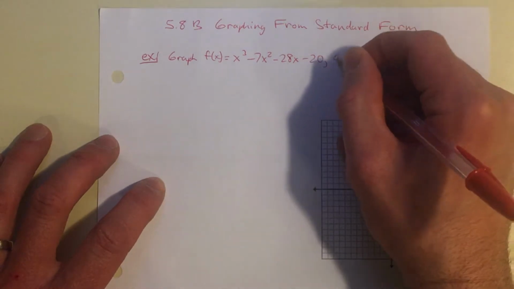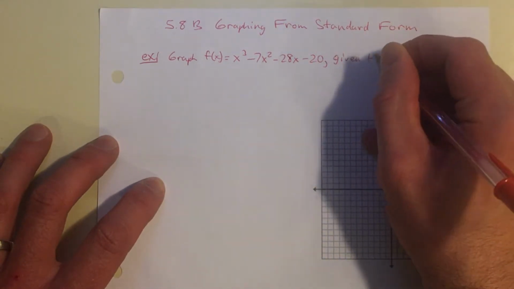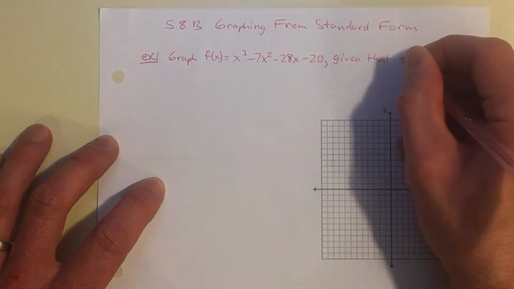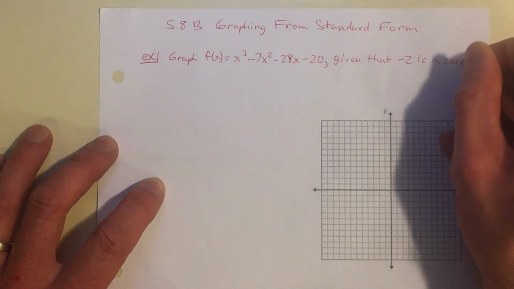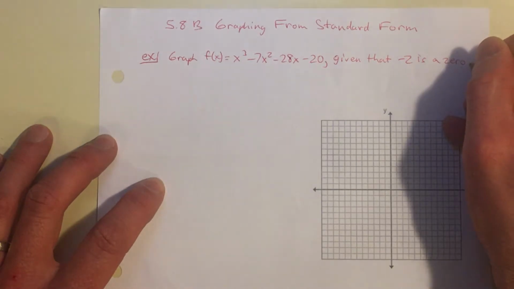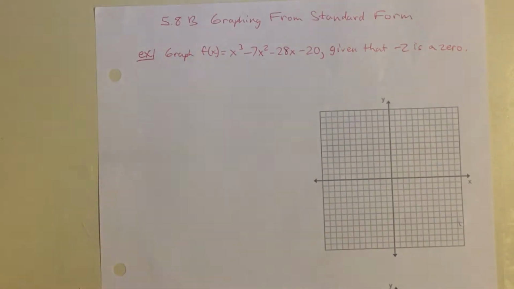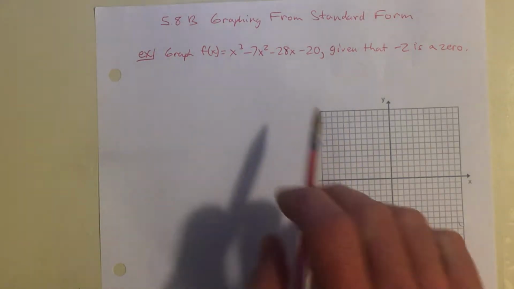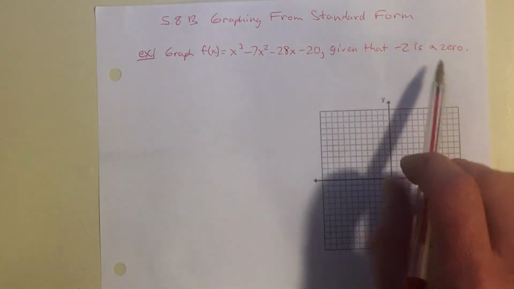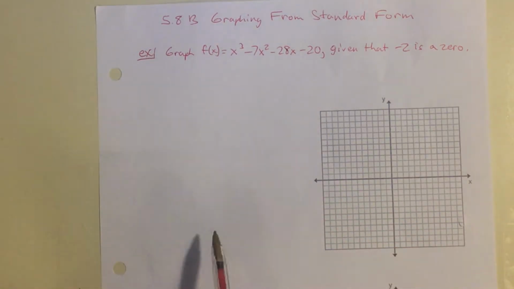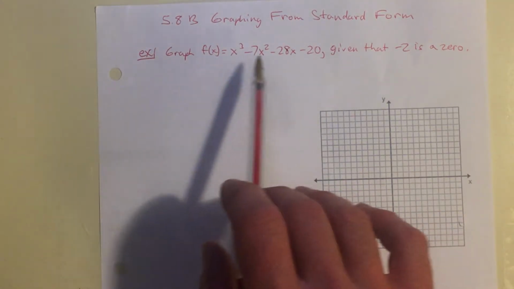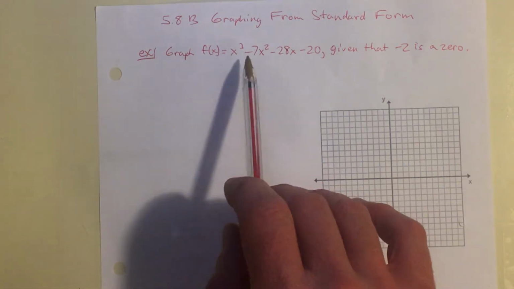And here's what's interesting. Given that negative 2 is a 0. Now, if you weren't given that negative 2 is a 0, and you tried to factor this into factored form, you would run into some issues fairly quickly.